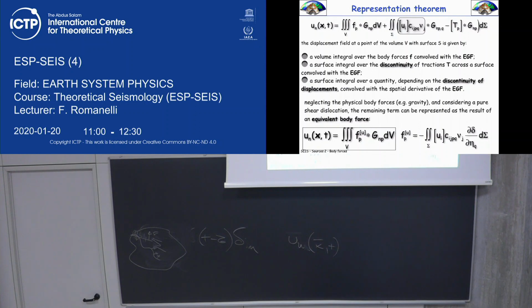So, representation theorem. If you have an elastic body, a volume V, with a surface S, and a fault over which we have a pure shear dislocation, we can write the displacement in this way, where we have a Green's function convolved by an equivalent body force that is made like that.